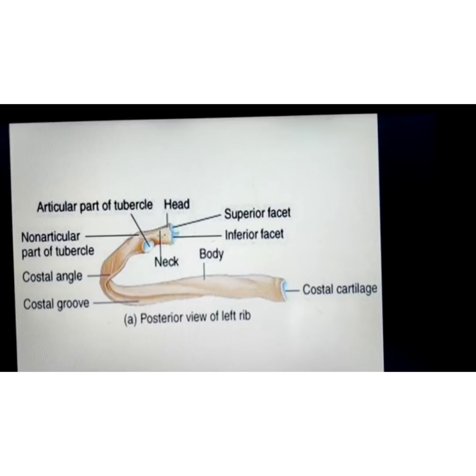The lower border gives origin to the external intercostal muscle.